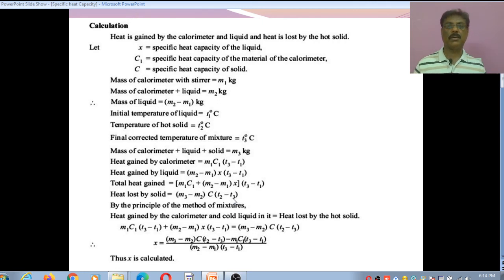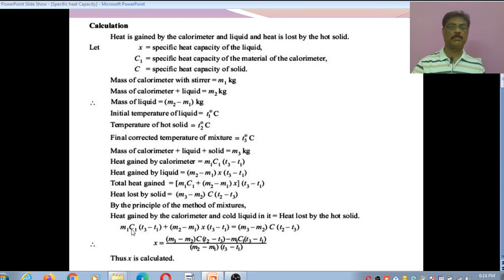Now according to the principle of mixtures, the heat gained is equal to the heat lost by the hot solid. So heat gained by the calorimeter and liquid is equal to heat lost by the hot solid. Now we are equating these two equations, the heat gained equation and the heat lost equation.